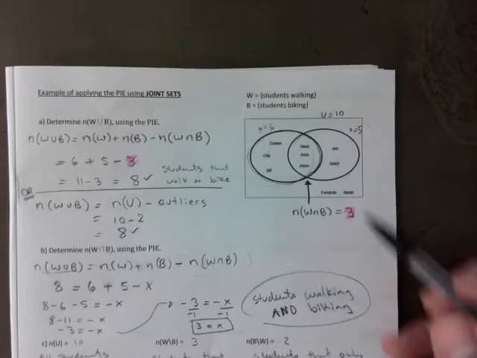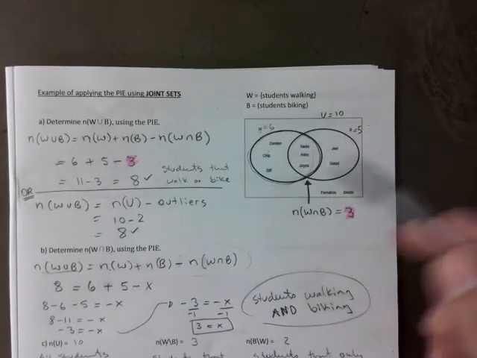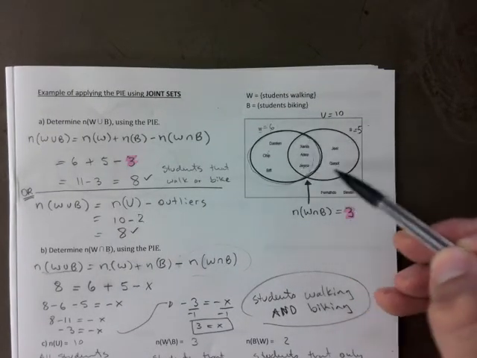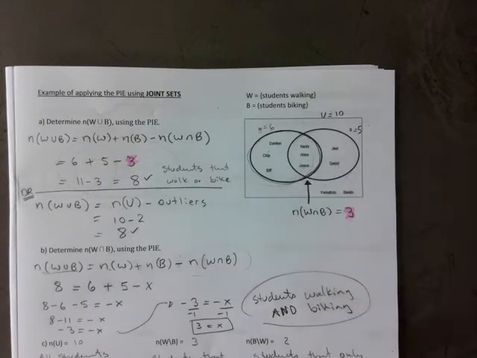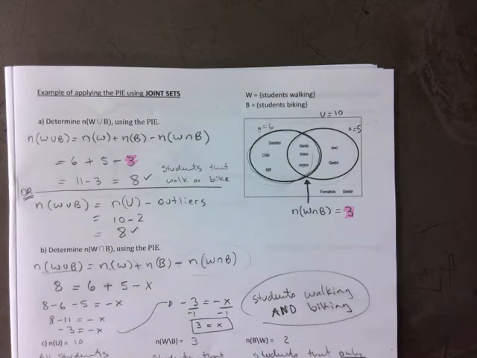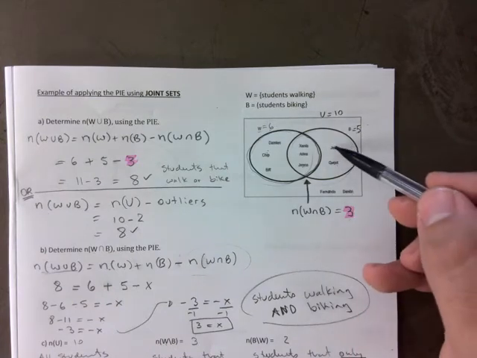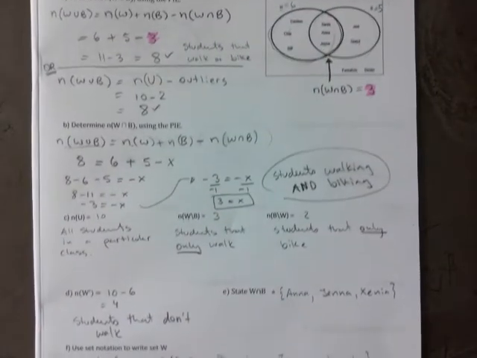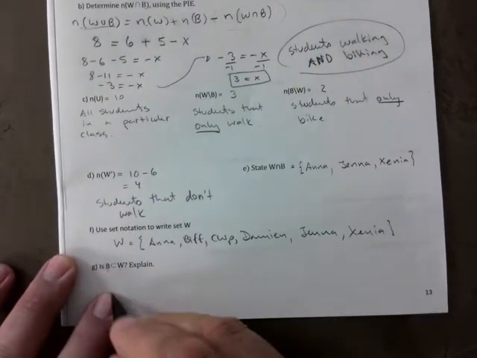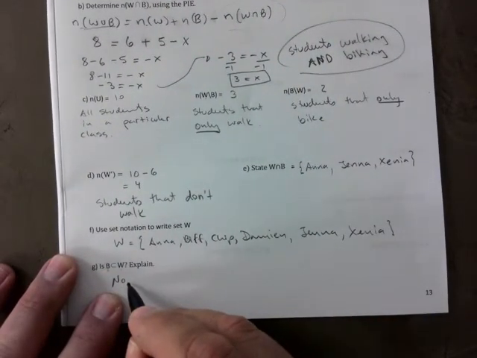And you look at B, and it's clearly not. If B had been inside, like a subset where it's nested inside the other, then it's true. But B clearly has two that are not in W, in walking, that are non-walkers. So no, that's false.